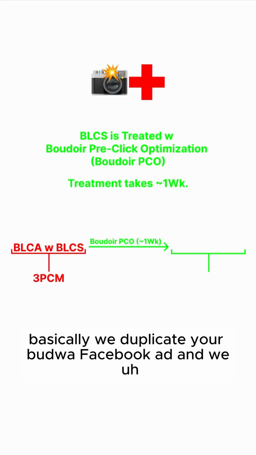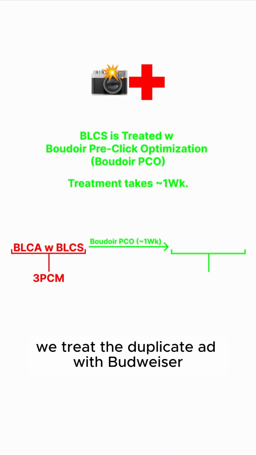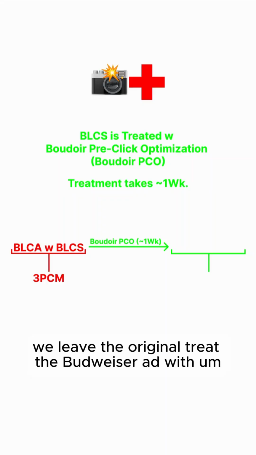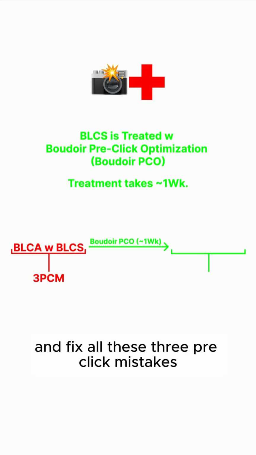Basically, we duplicate your Boudoir Facebook ad, and we treat the duplicated ad with Boudoir Pico. We leave the original, treat the Boudoir Pico ad, and fix all these 3 pre-click mistakes.